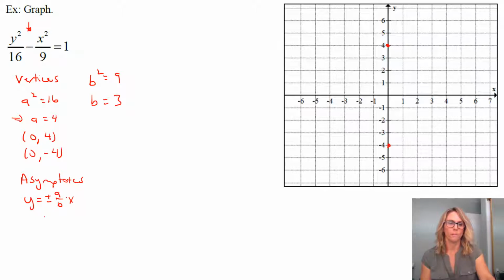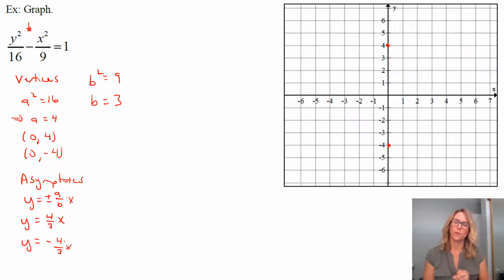Let me just write that out. So notice that will give us a is 4 over b is 3 times x, and also the negative of that as well. So (4/3)x. Remember the whole idea behind the asymptotes is that it allows our hyperbola to see what it's approaching and getting close to, and that gives us the shape.